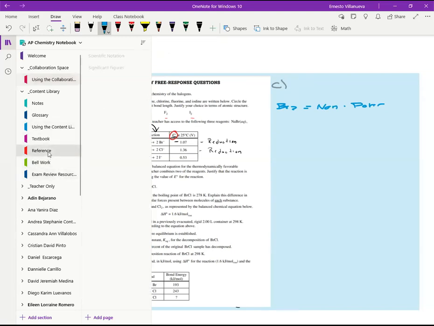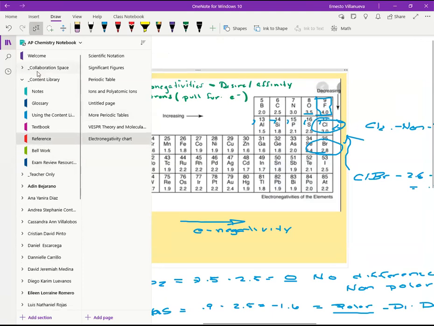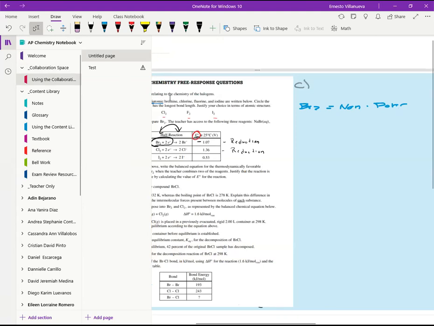If the electronegativity value of bromine is 2.8, and it's bonded to itself, then that's going to give me 0 difference in electronegativity.